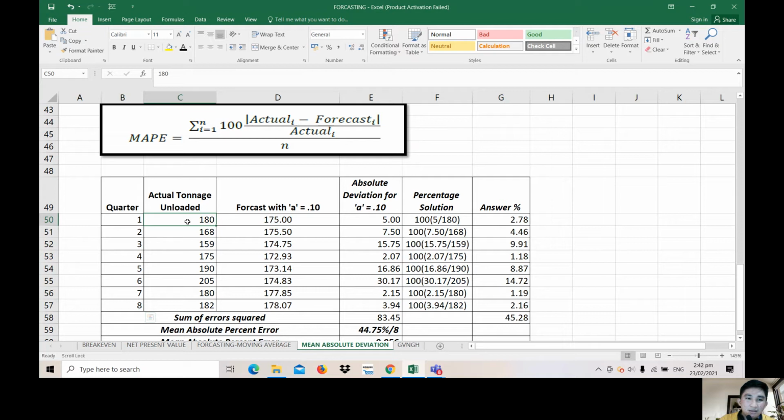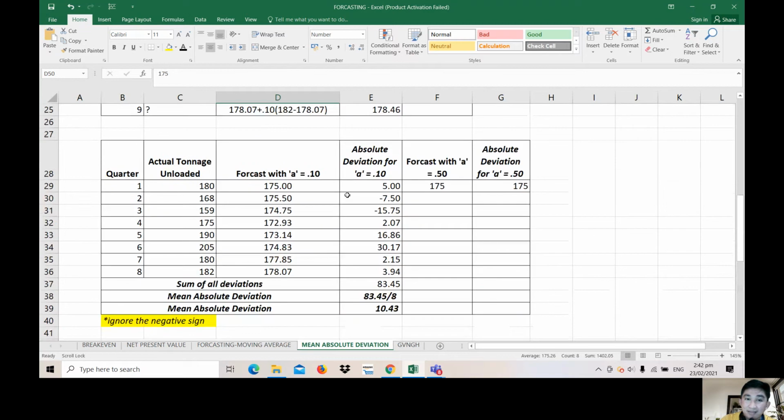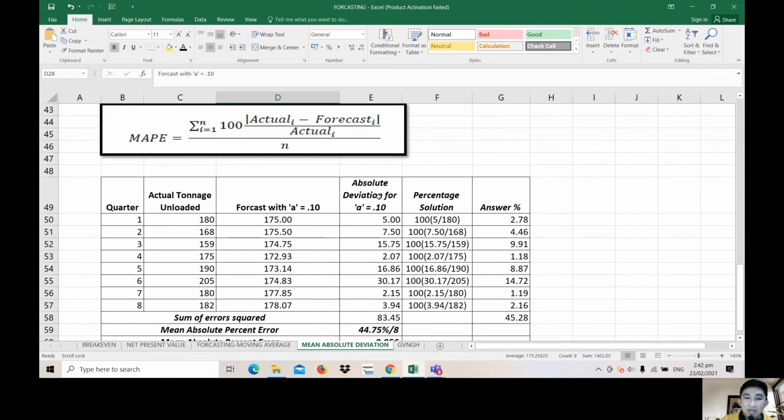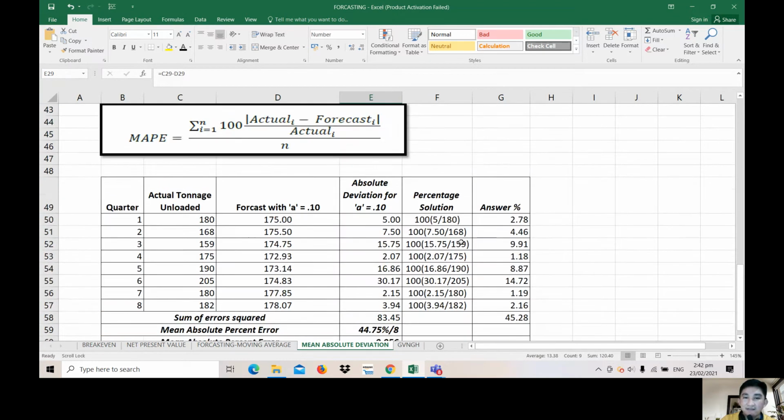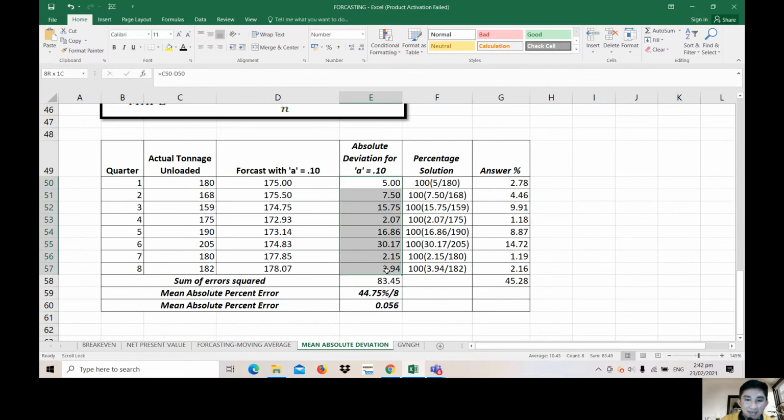Ito pa din yung actual tonnage unloaded natin based sa previous data na ginamit. Ito pa din yung forecast natin based sa 0.10 na exponential smoothing value. Okay, ito yung absolute deviation natin. Okay. Ito oh. Tinanggal ko na yung negative sign to avoid confusions, class. Okay, inadd ko. Ayan. 83.45.